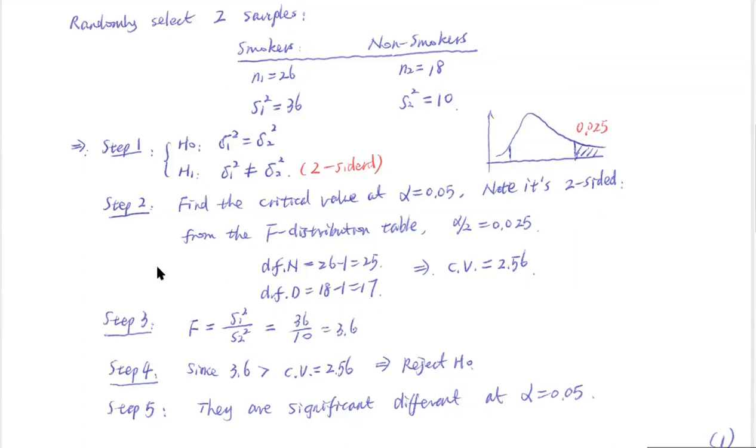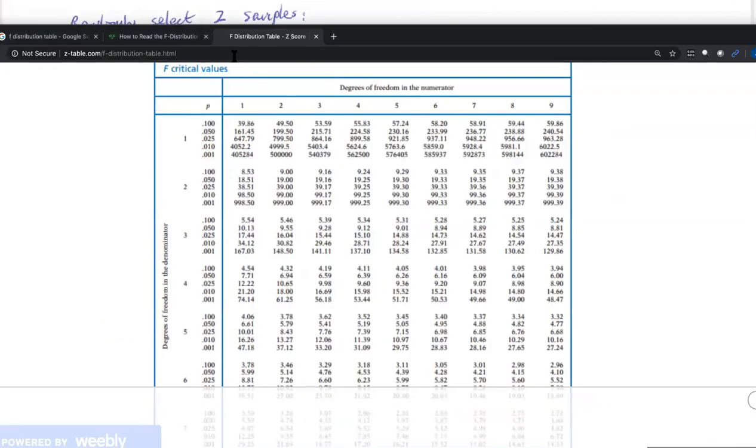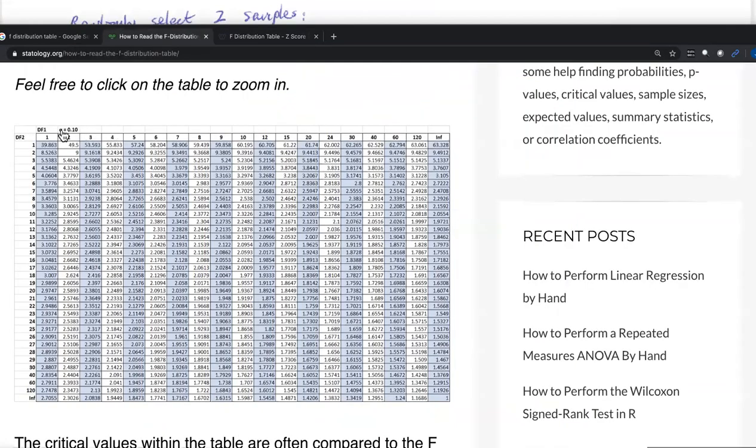Also, what's the alpha? Think about that. If you are looking at this table, DF1, DF2, you have alpha equal to 10%. In other words, 10% gives you one page. How about 5%? That gives you another page. 1% another page.